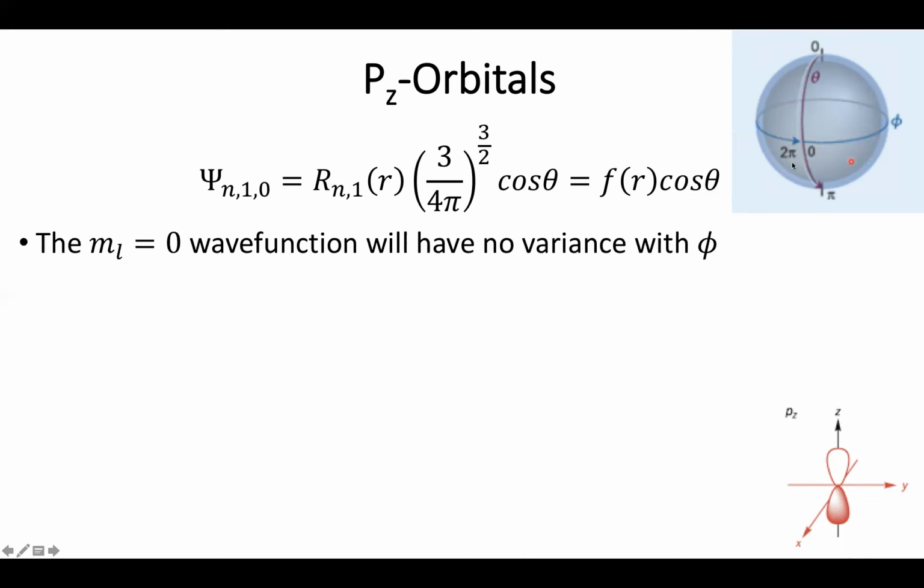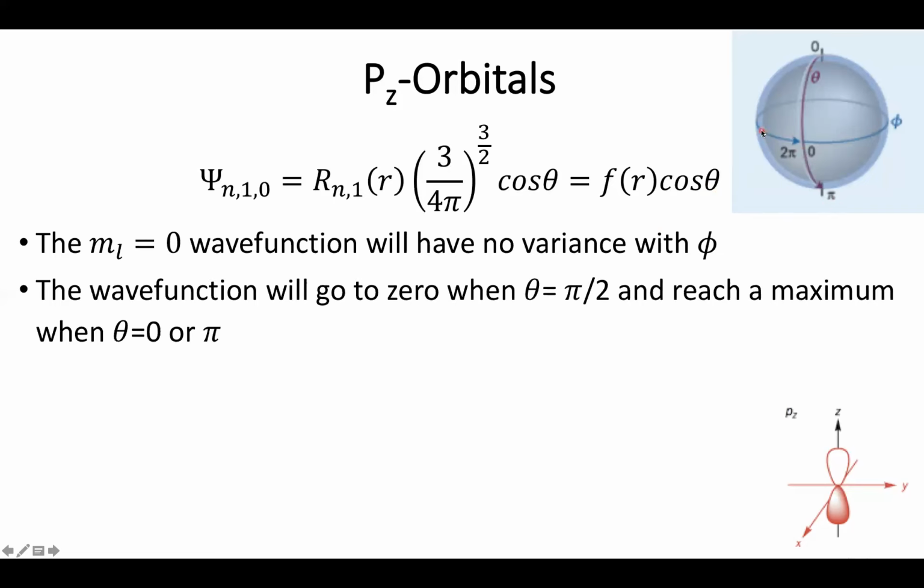However, where the fun happens is with theta. If I start at a theta of 0, I'm going to have a positive value. If I go to a theta of pi, I'm going to have a negative value. And at a theta of pi halves, right around that xy plane, the wave function goes to 0.